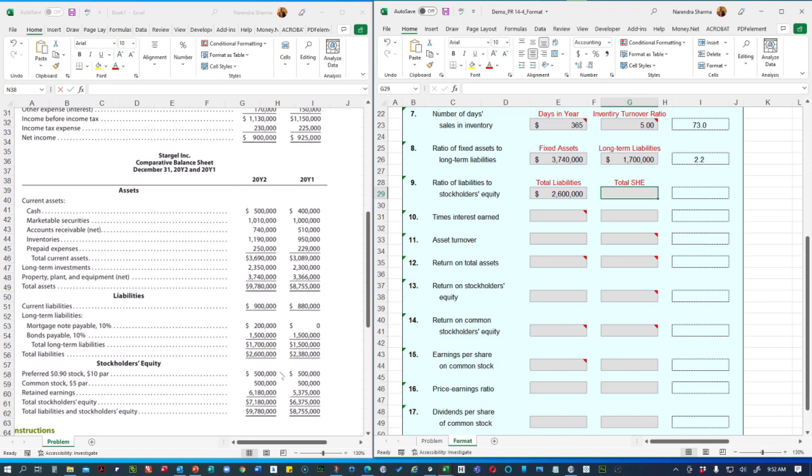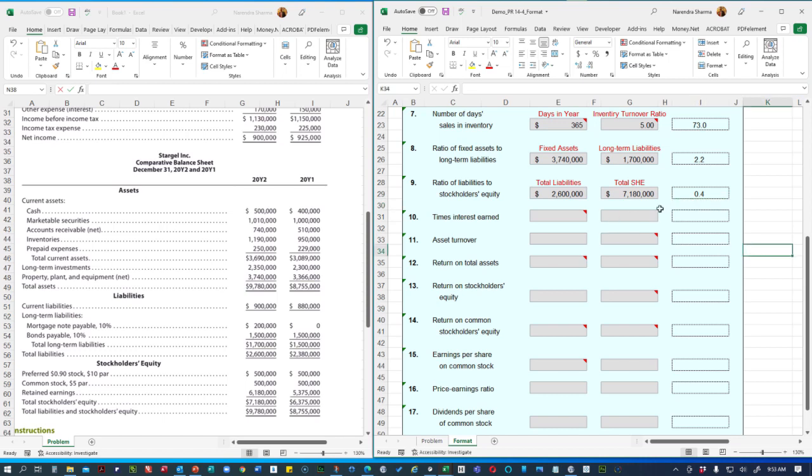What will be the total stockholders' equity? We are given here in the balance sheet as 7,180,000. So that's the figure we are going to take. All right, so once we have this, total liabilities divided by stockholders' equity will be 0.4. So that is the ratio.